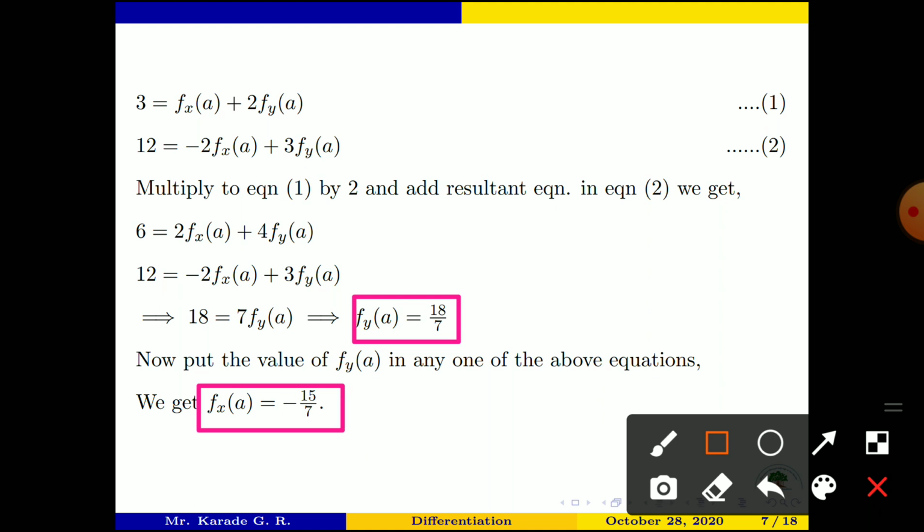Fx at a is minus 15 upon 7 and fy at a is 18 upon 7. Okay, now we can write the gradient of f at point A.